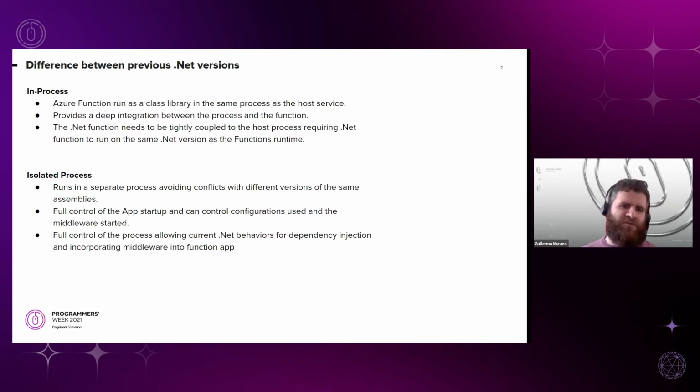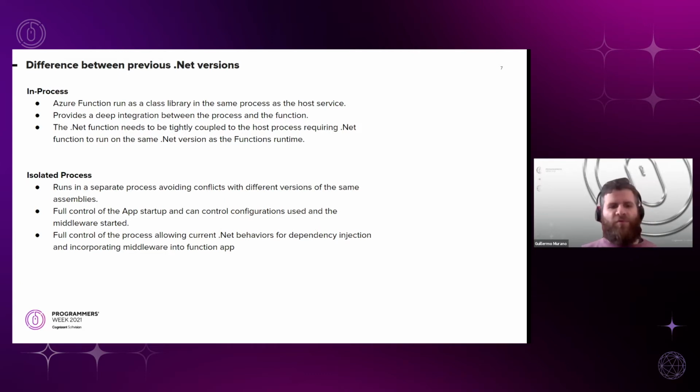The in-process model was used to run a class library in the same process as the host service. It provides a deep integration between the process and the function. And as I mentioned, the .NET function needs to be tightly coupled to the host process, requiring the .NET function to run the same .NET version as the function runtime. On behalf of the isolated process, it runs separately, avoiding conflicts with different versions of the same assemblies.